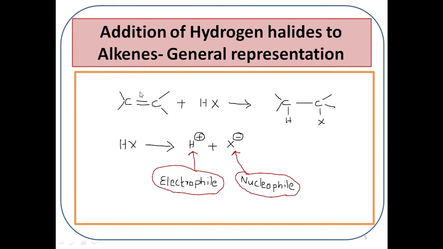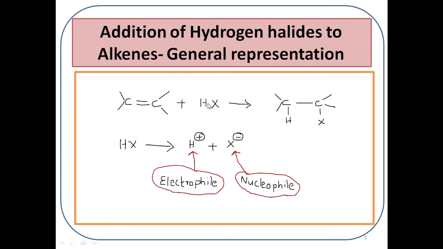This is a double bonded system to which the hydrogen halide is to be added. And we can see that hydrogen is added to one of the doubly bonded carbon atoms and halogen to the other carbon atom. And therefore, we will get an addition product.